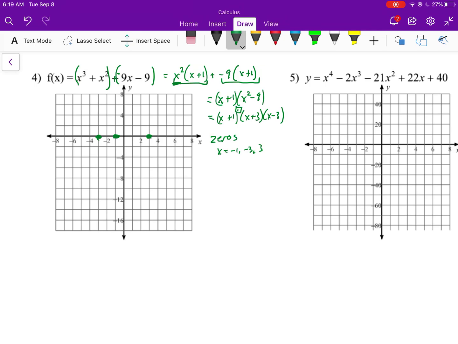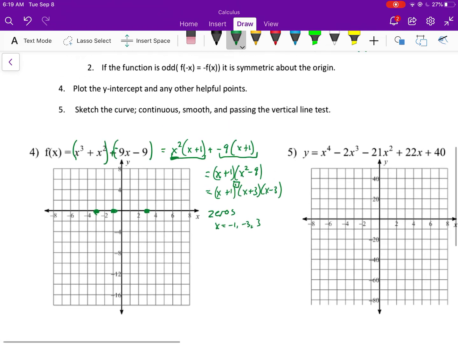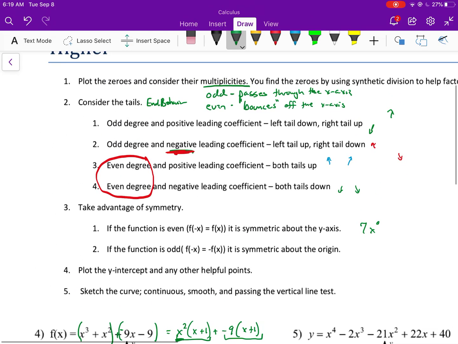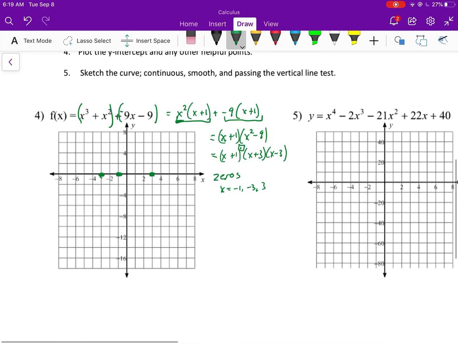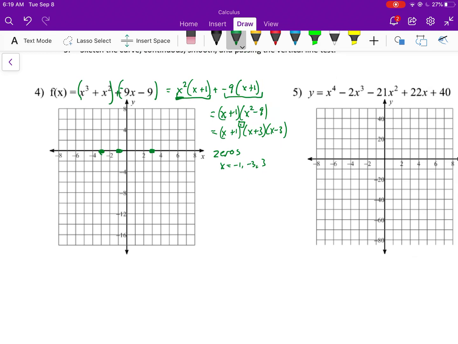There was just an exponent of 1 here, which is odd, so they're all going to cross through. Now let's take a look at the tails, or the end behavior. So for the end behavior, we look at our leading coefficient. That's a positive x cubed.